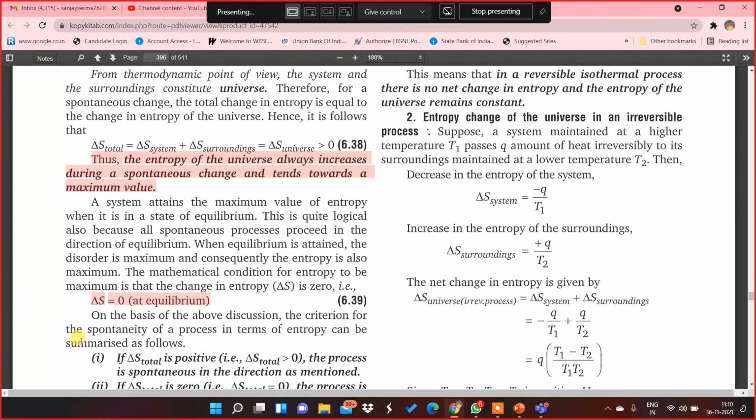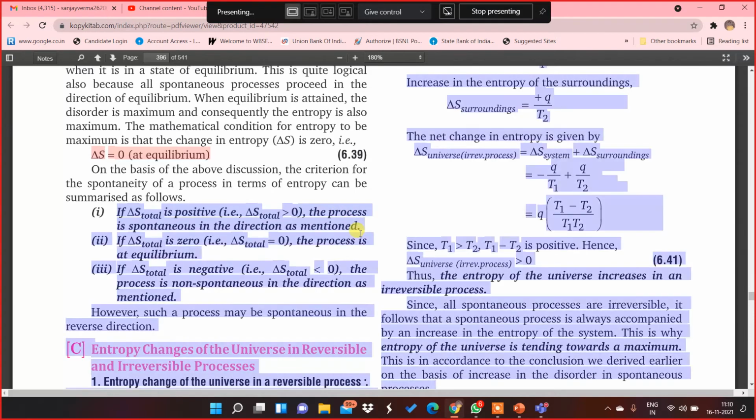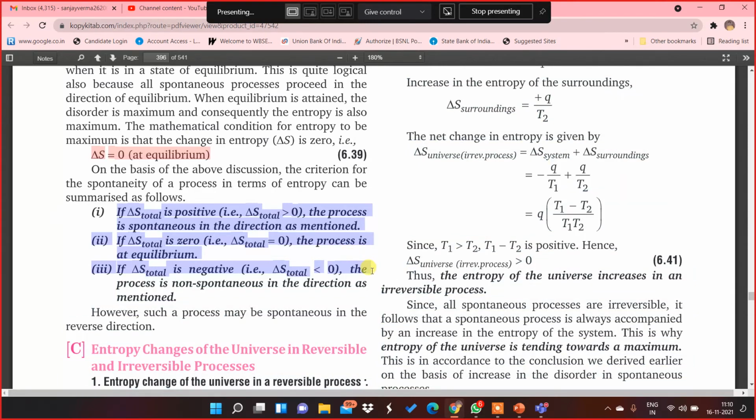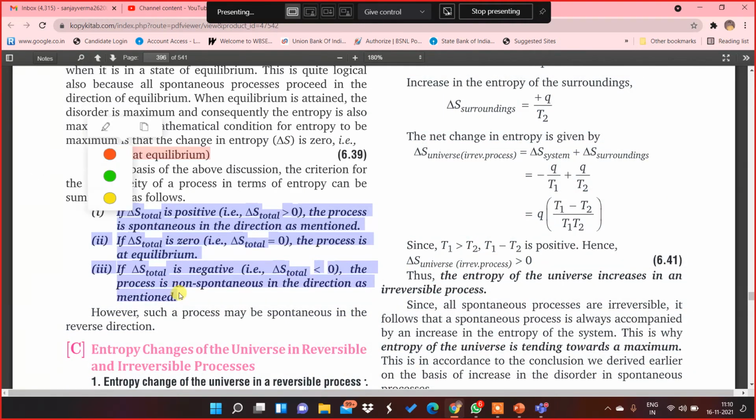Remember this also: at equilibrium, delta S is 0. So on all these bases, remember points 1, 2 and 3. If delta S total is positive, that is, delta S is greater than 0, the process is spontaneous and is in the direction as mentioned. If delta S is 0, it is in equilibrium. If delta S is negative, then the process is non-spontaneous. These three points are very, very important.